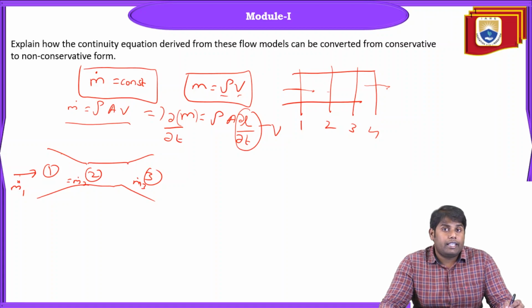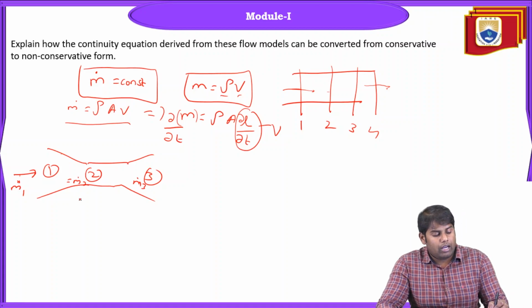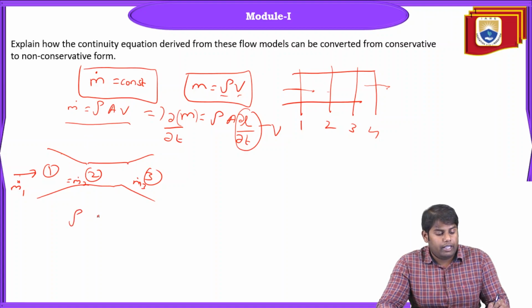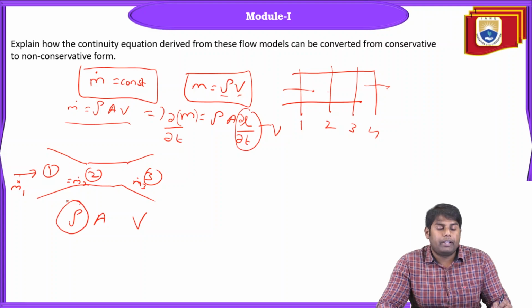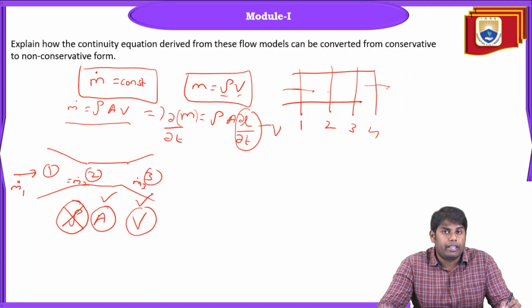Now where will the changes happen? We have three parameters: rho, which is density; A, the cross-sectional area; and velocity. If you take the flow as incompressible, the density will not vary, so area and velocity will vary.